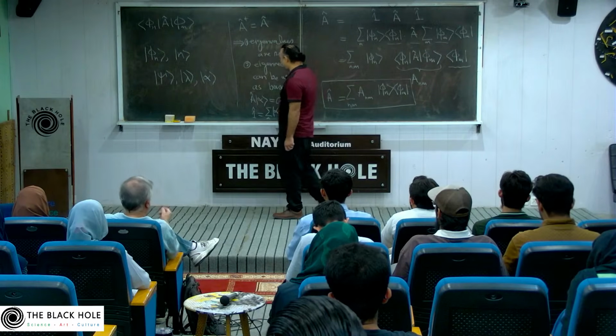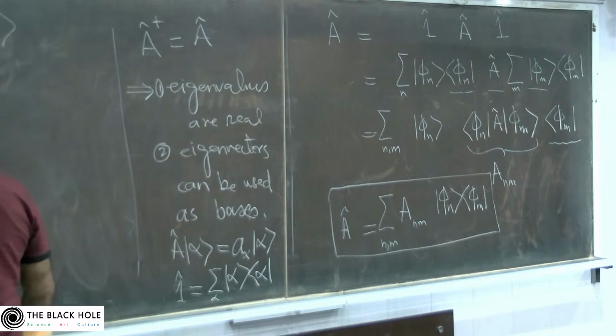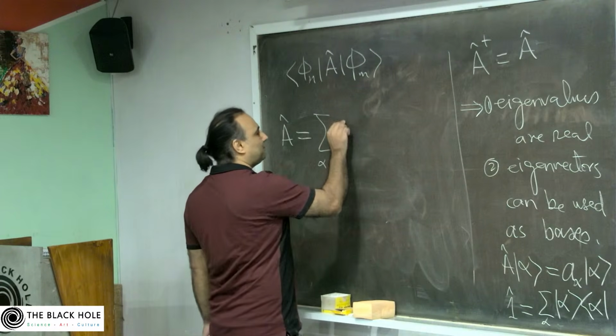So what happens for this? If we use alpha and beta, that would mean that the A operator will be like alpha, beta, and alpha, beta will again be like n and m.